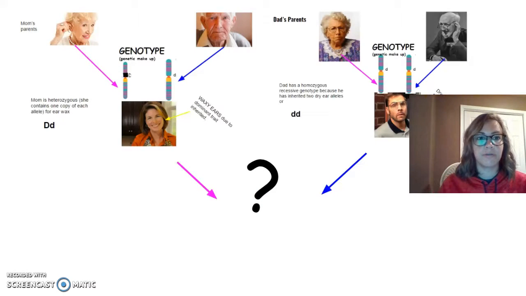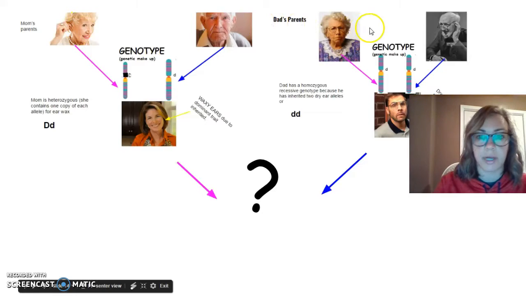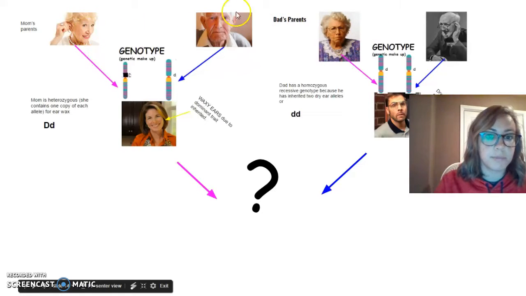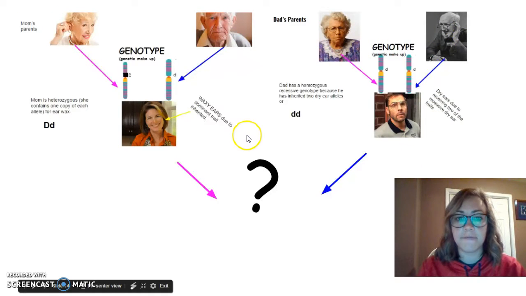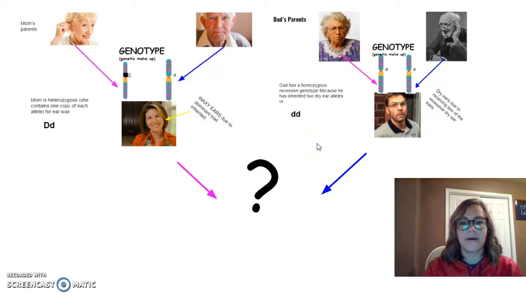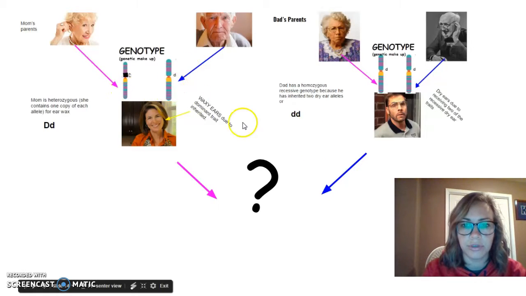So if we're looking at our family tree here, we've got the 4 grandparents: mom's mom, mom's dad, dad's mom, dad's dad, and the traits that they gave them, mom being a heterozygote for big D, little d, dad being homozygous recessive, or little d. What are the odds of them passing these traits on to their offspring?